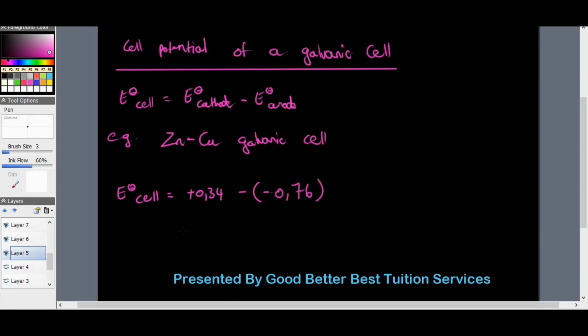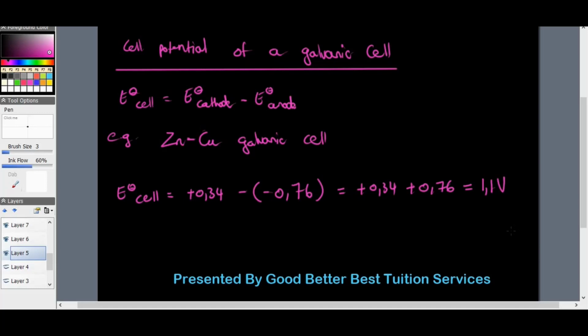So positive 0.34 minus negative 0.76 becomes positive 0.34 plus positive 0.76, which gives us a cell potential of 1.1 volts. Not just 1.1 volts, but 1.1 volts at 25 degrees Celsius or 298 Kelvin, and at a concentration of 1 mole per decimeter cubed.